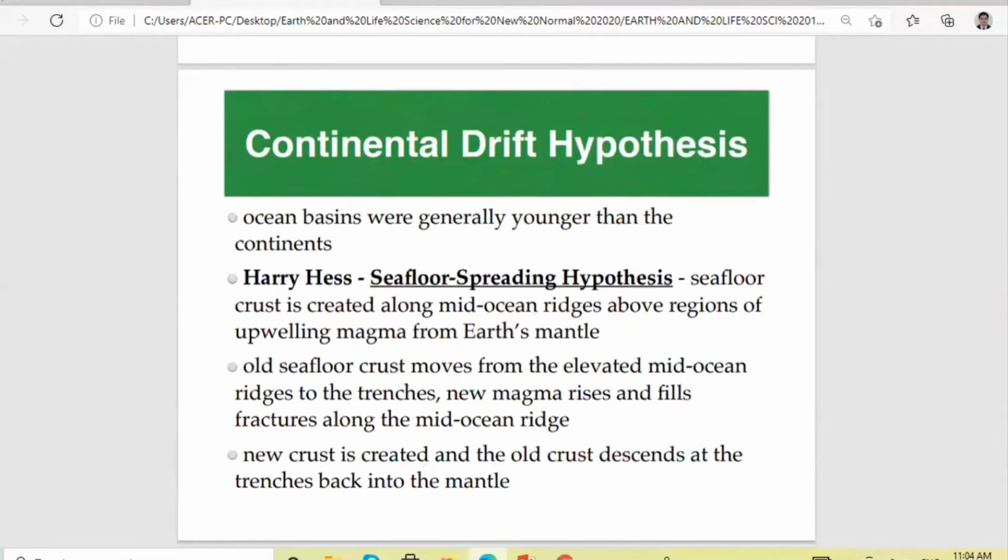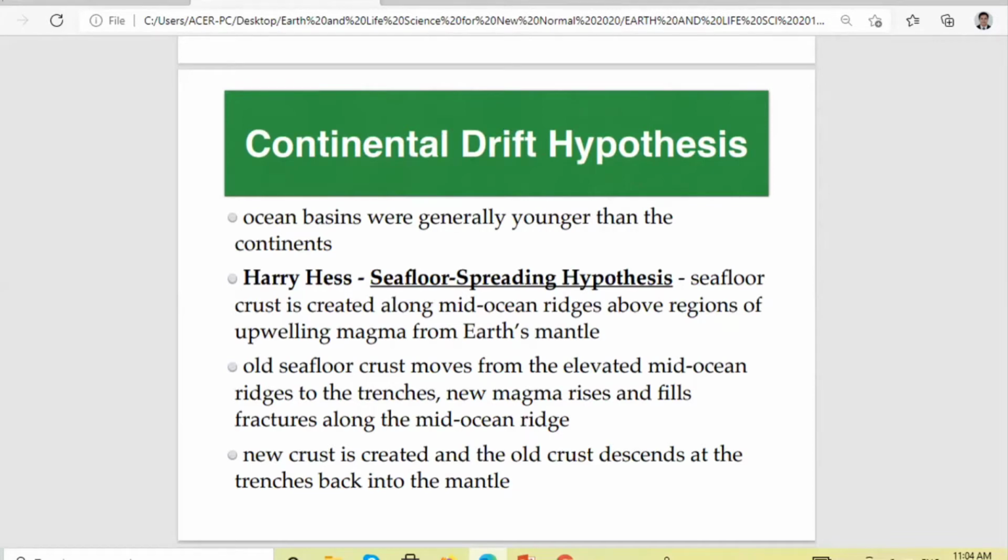So in continuation with the different hypotheses and theories of continental drift, Harry Hess proposed a seafloor spreading hypothesis in which, according to him, crust is created along mid-ocean ridges above regions of upwelling magma from Earth's mantle.